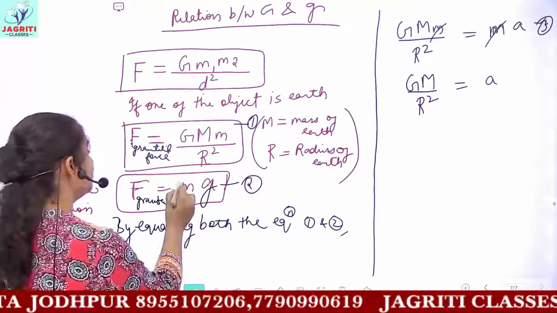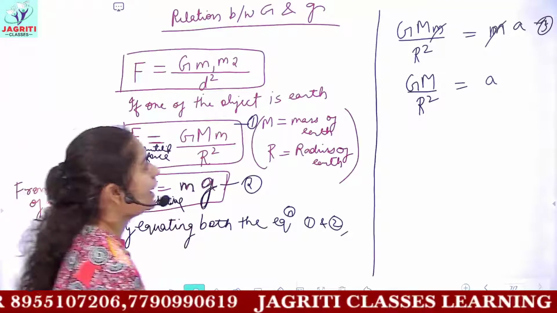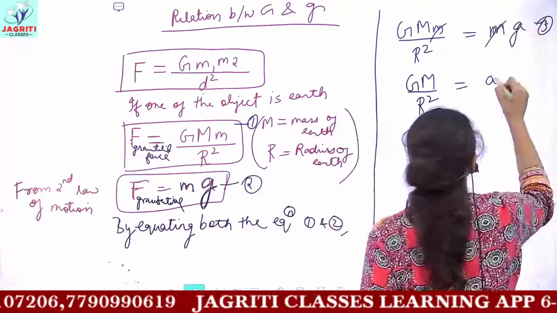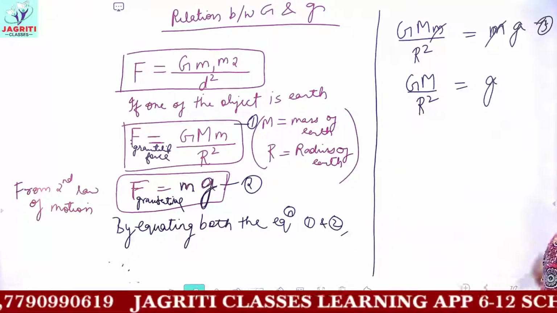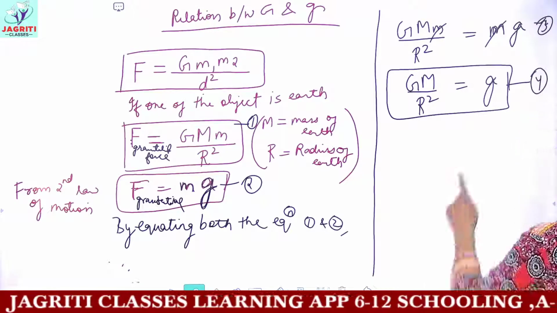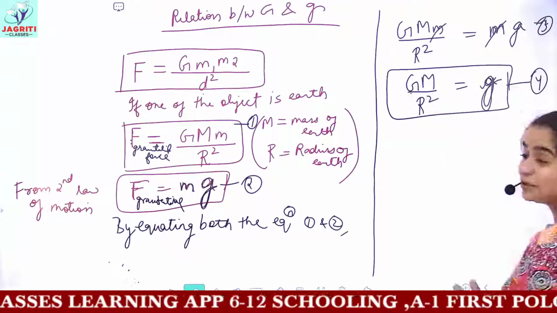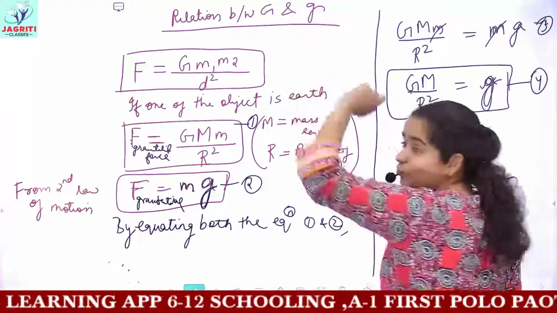So here I would be taking F equals mg in place of ma, and here also I would be getting the term g. So now you see, you got a formula, that is your equation 4. It gives you a relation between the term small g and capital G, and this is what our aim was to find.